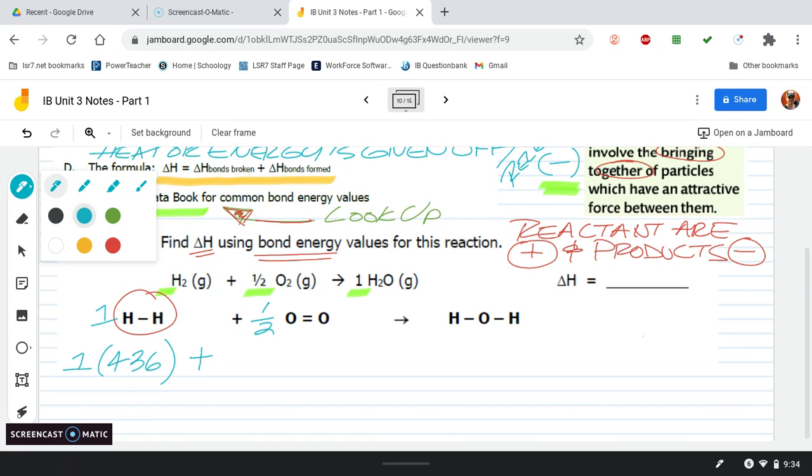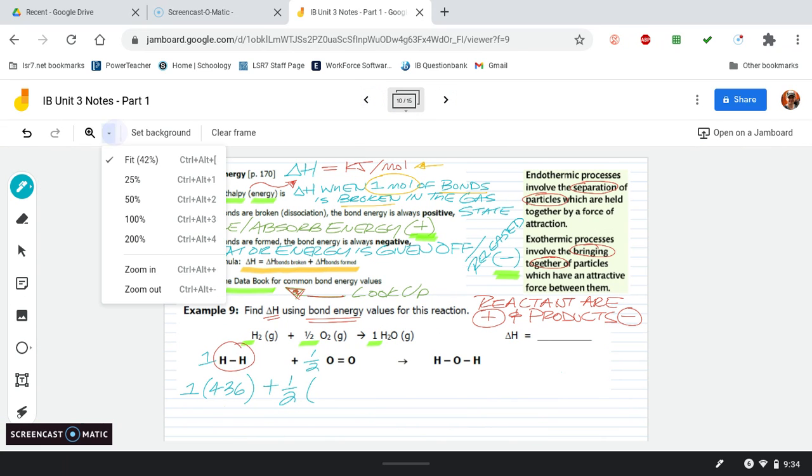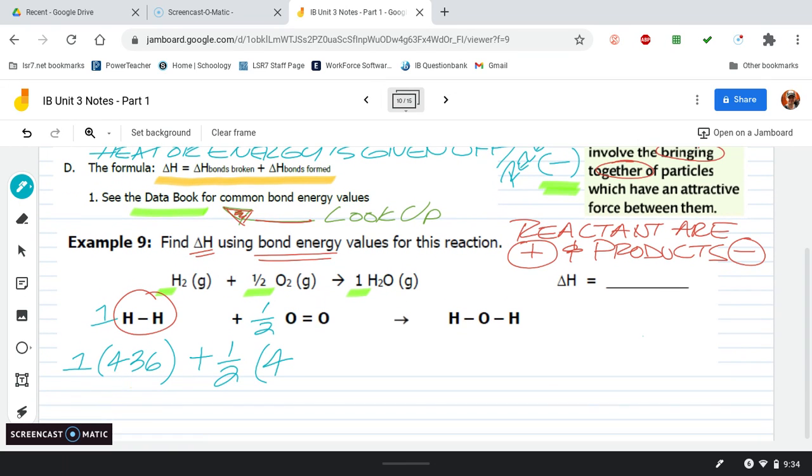So I'm going to do 1/2, that's the coefficient, times the value, which is the 498 from right there. Okay. So those are positive, right?